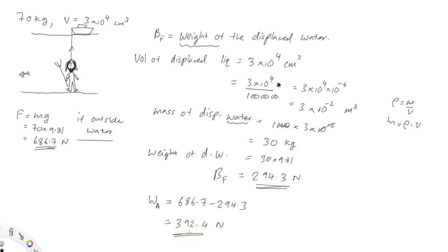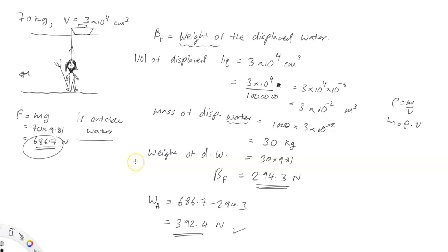So when they're pulling this up, this is the force they're going to feel. The moment it surfaces, when it comes above the water level, they're going to feel the actual weight of it. Until then, this is the weight they will feel. That's why we call it apparent weight. Okay?